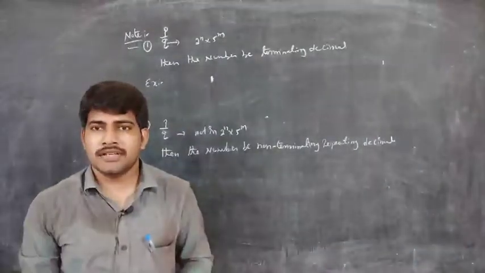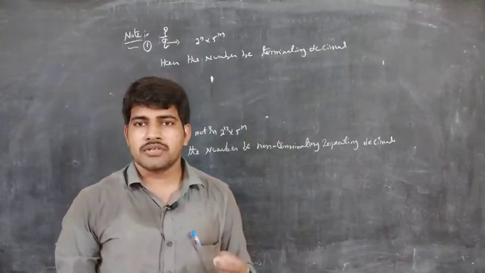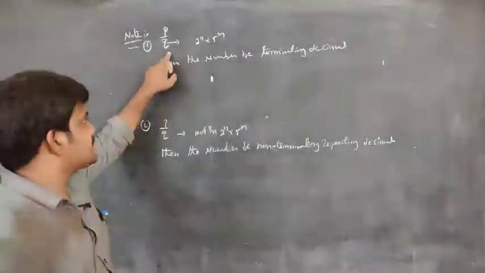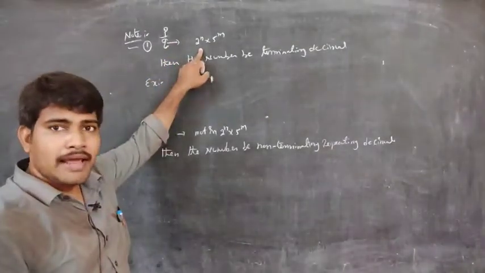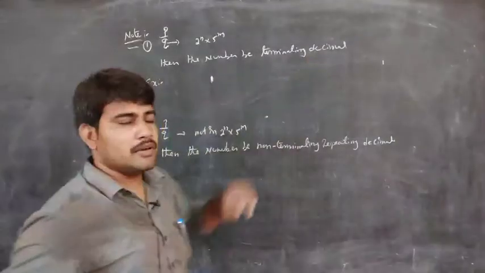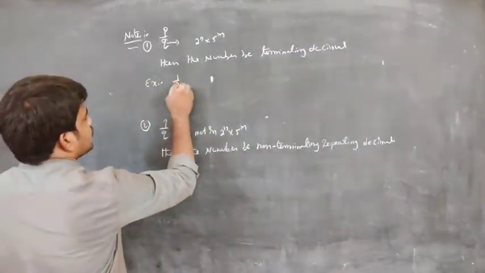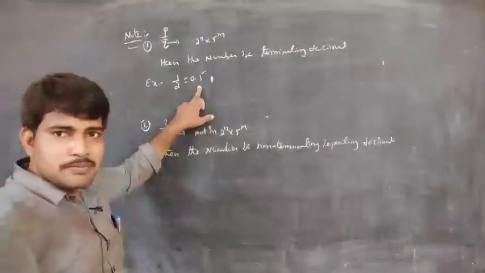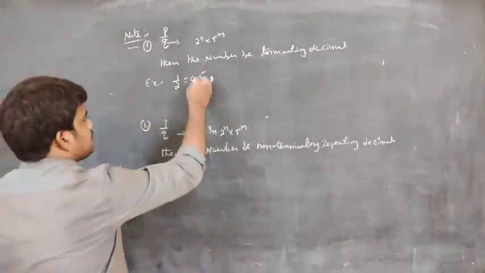Before going to Exercise 1.3, some important notes are here. First one: p by q is a rational number. If q is written in the form of 2 power n into 5 power m, then the number is a terminating decimal. For example, 1 by 2 means 0.5. So it is a terminating decimal because the decimal number ends.